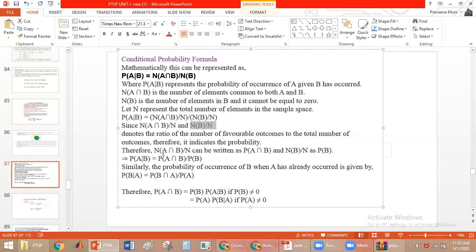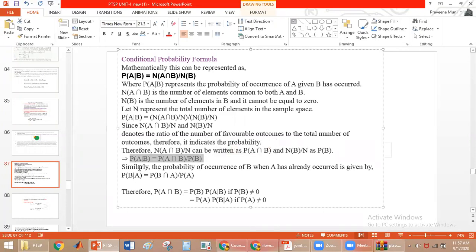Therefore, it indicates probability of A intersection B. Similarly, number of elements in B divided by N indicates probability of B. So probability of A given B can now be written as probability of A intersection B by probability of B.